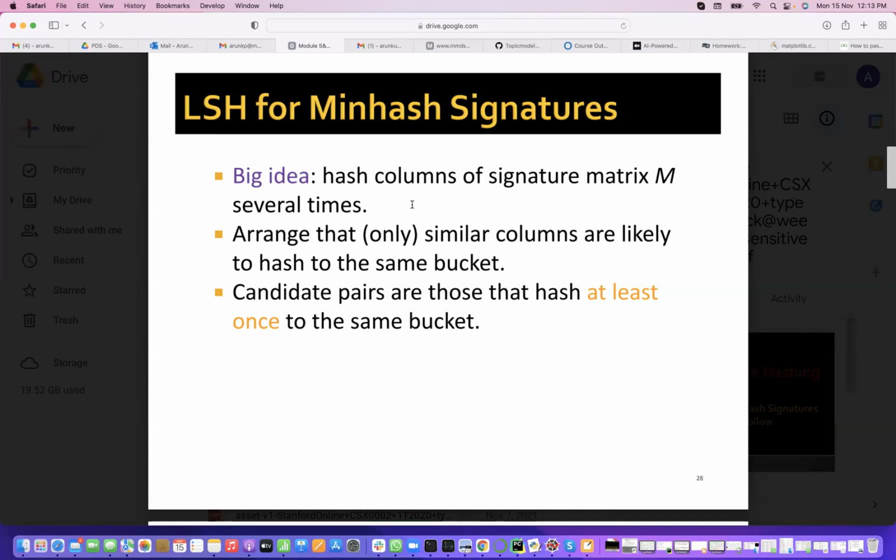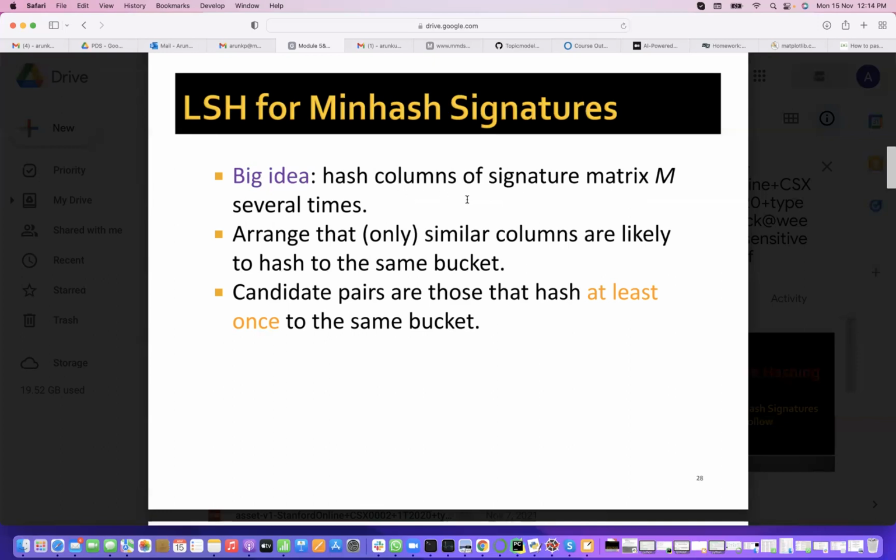Don't do only one hashing of the columns, you do it several times. If they fall even one time into the same bucket, it's okay for us; we will evaluate whether they are similar or not. If all of the hash functions always take two columns into different hash keys, then we don't need to evaluate them. That is the idea which we are going to use in future.